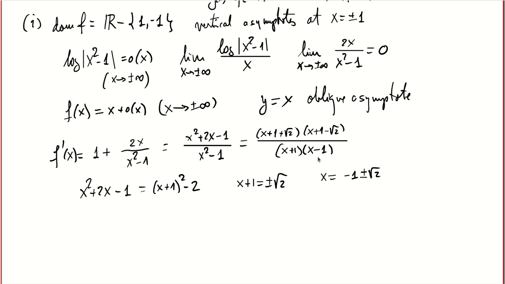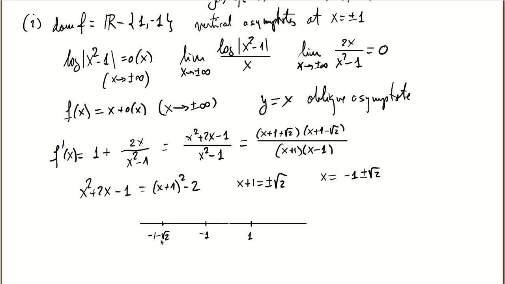All right. So there are 4 critical points to decide the sign. So we have the line here. Let's say 1 is here, negative 1 is here. These are the 2 points where one of these factors changes sign. Then we have negative 1 minus the square root of 2, which will be like here.